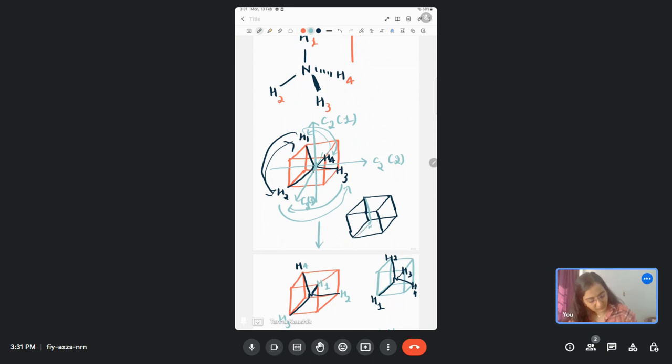At the center of the cube, this nitrogen atom is present. Then on the alternate diagonal positions, we have our protons. So we have a C2 axis of rotation passing through these two opposite faces.